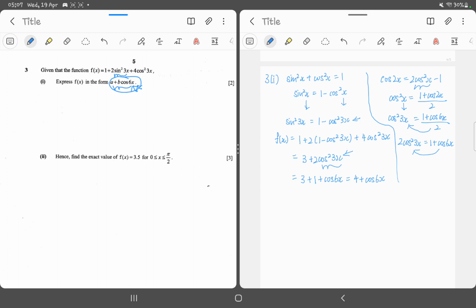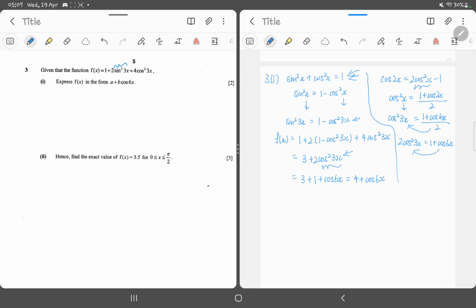But actually, you don't really have to blindly guess and use any trigo identities, because think about it this way. For sine square 3x, it seems obvious that you can use this identity over here.